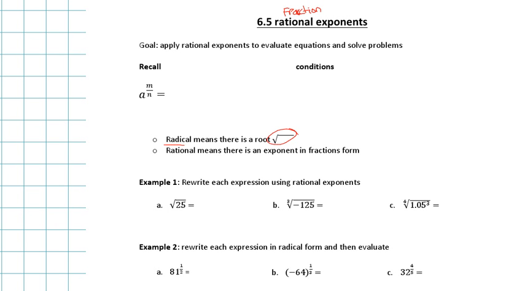Okay? So recall that a to the power of m over n can also be written as the nth root of a, all to the power of m, or you can also write it as the nth root of a to the power of m. Okay? So you can do either way, both of them are correct.